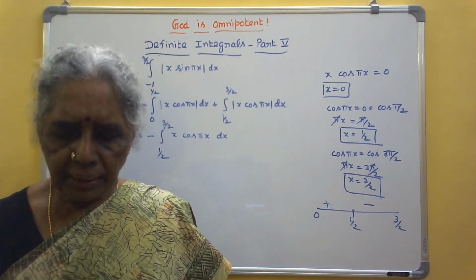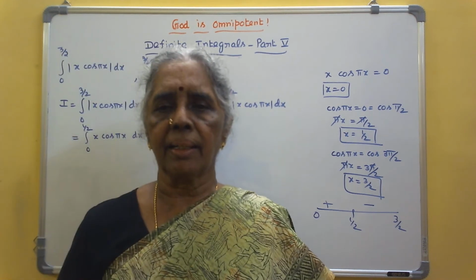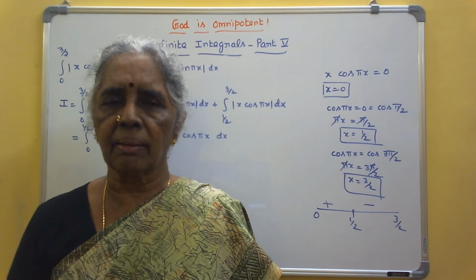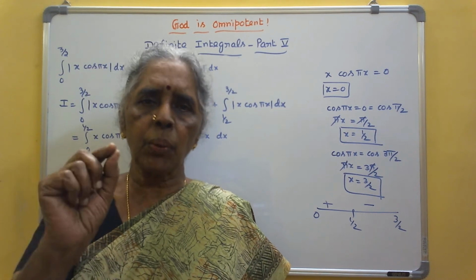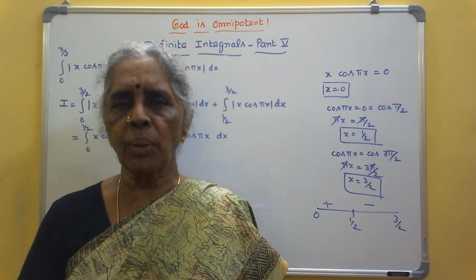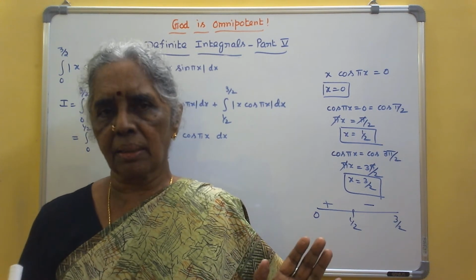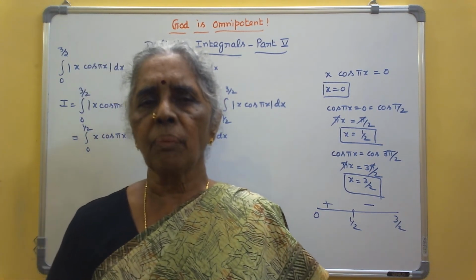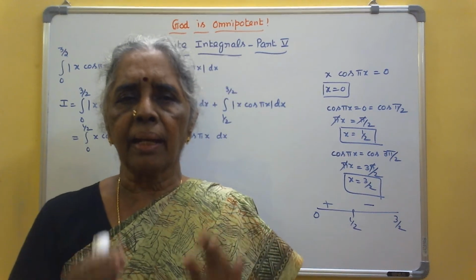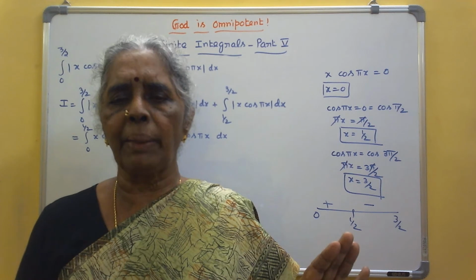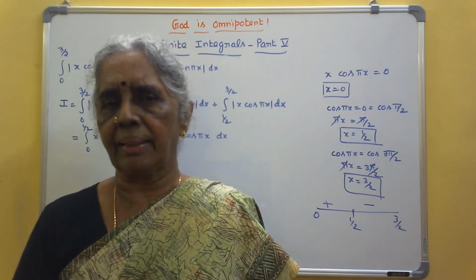Here you know x is an algebraic function and cos pi x is a trigonometric function. When you get a product of two different functions, you have to use what method? Integration by parts. So what I am going to do is, I will integrate the x cos pi x dx without considering the limits. I will get what answer it is.